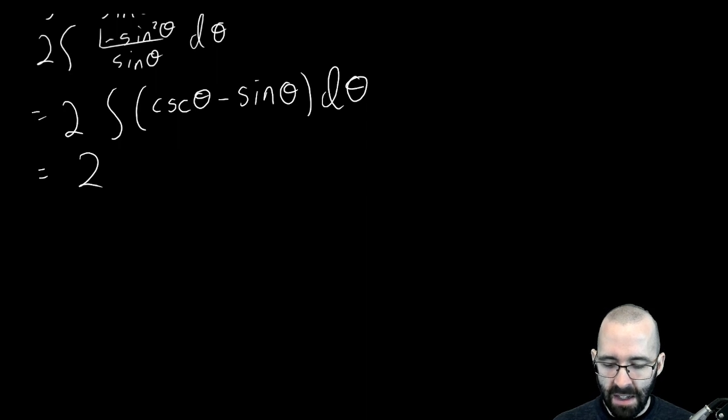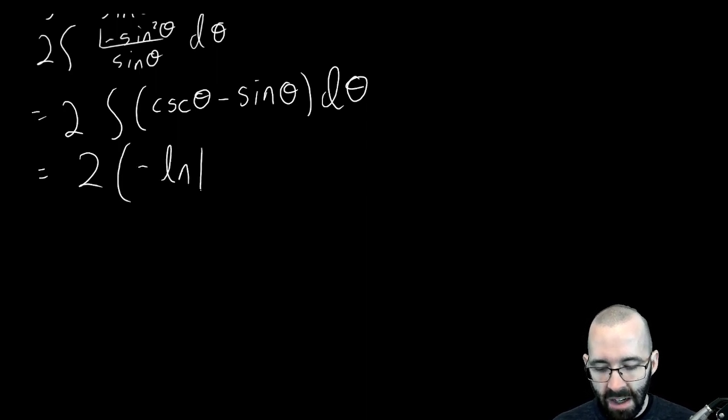I believe it's like the negative version of secant. So it'll be negative natural log of absolute cosecant plus cotangent or something. And then the antiderivative of sine is negative cosine.